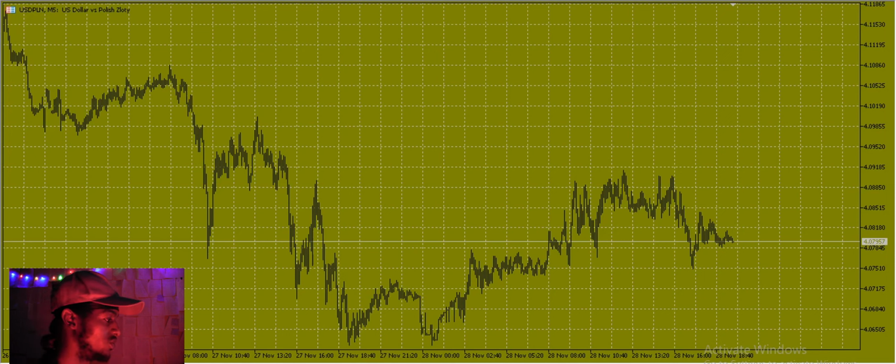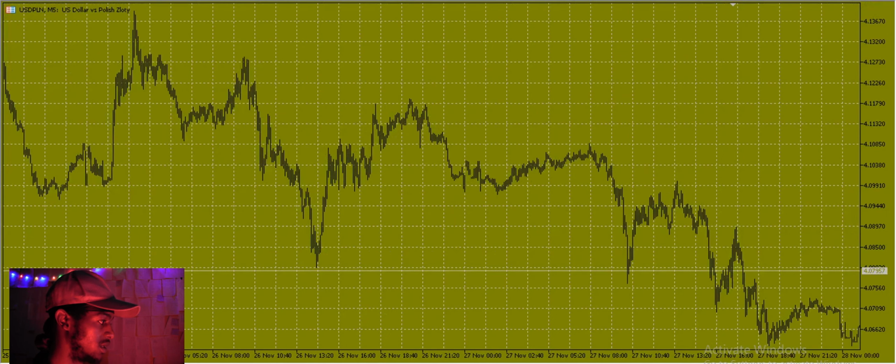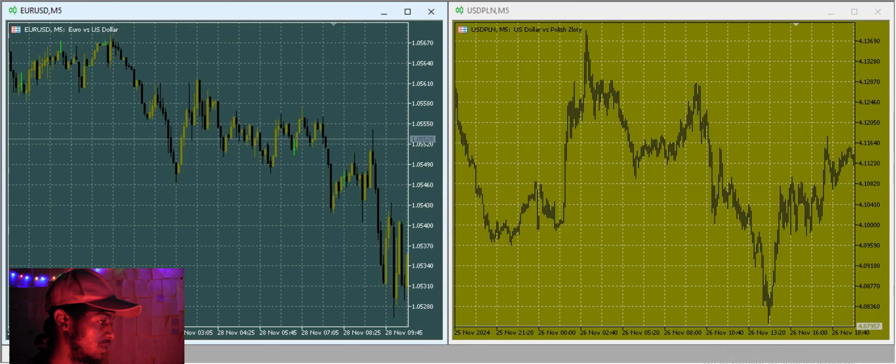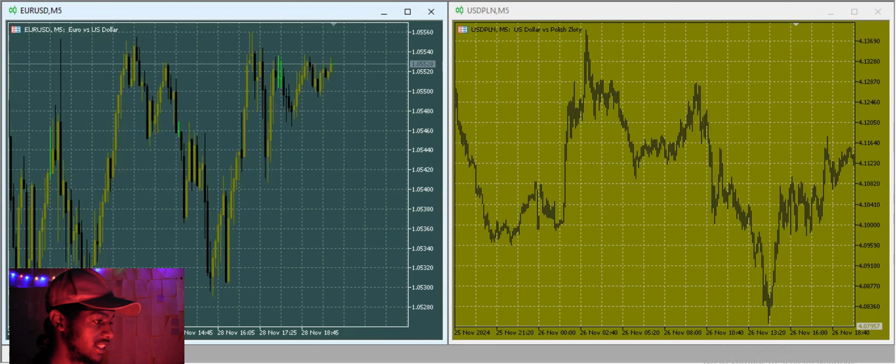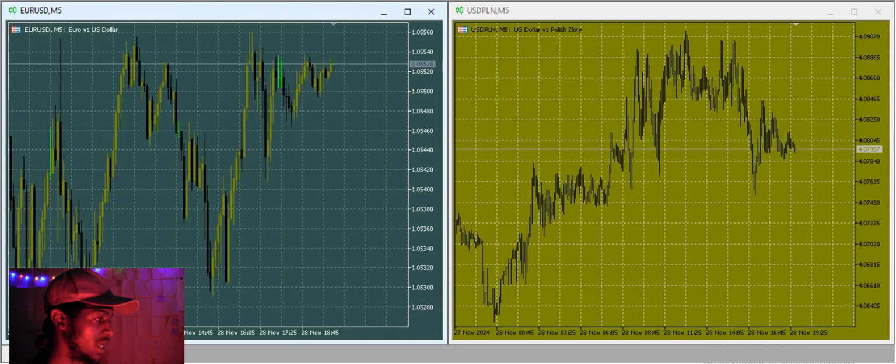So I'll be using Euro USD to be more specific. And its negative correlated pair being USD and Polish Zloty. I think it's called the Polish Zloty or something like that.